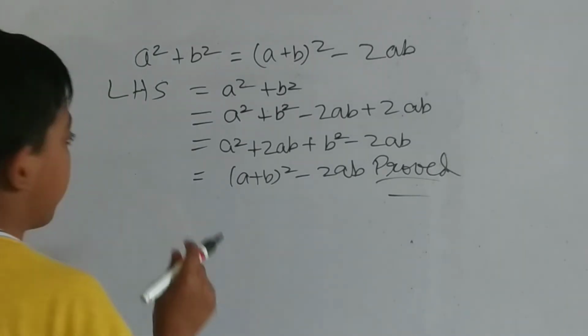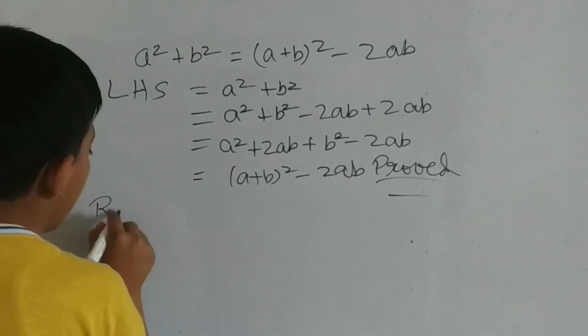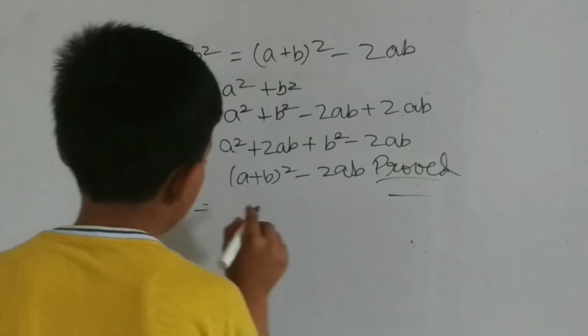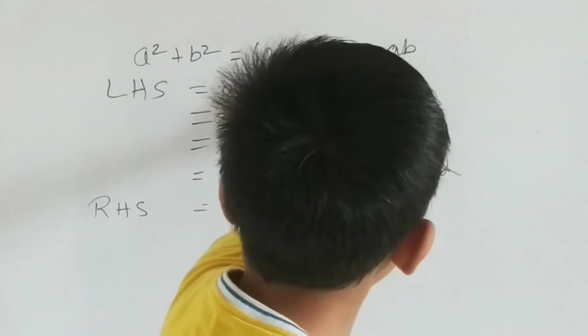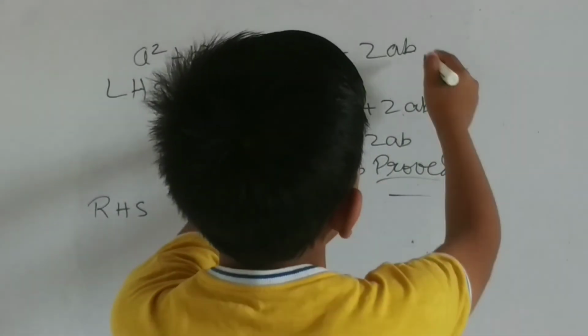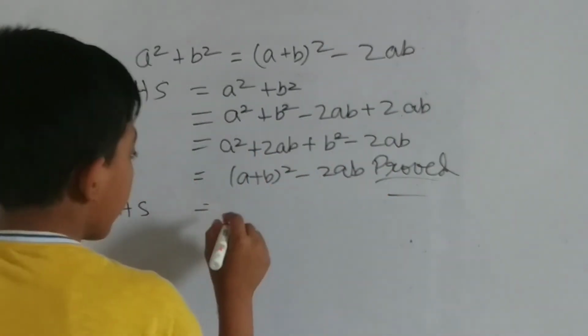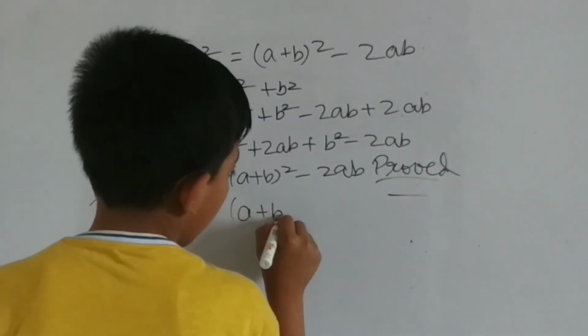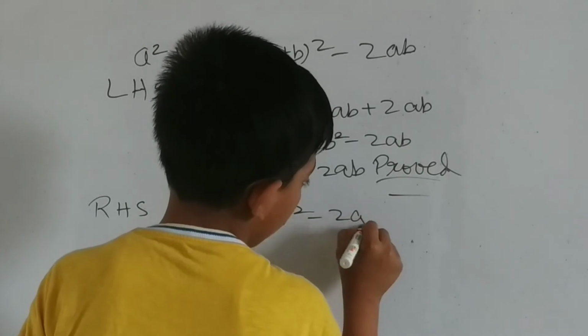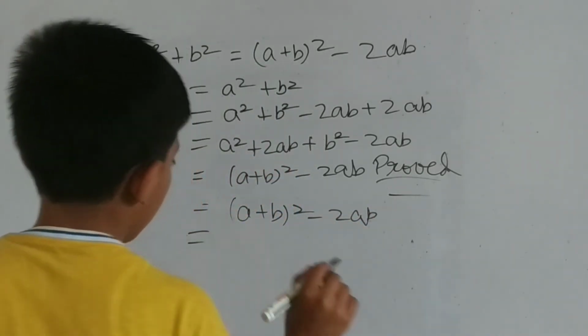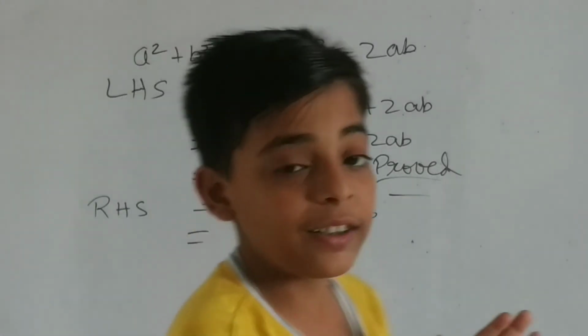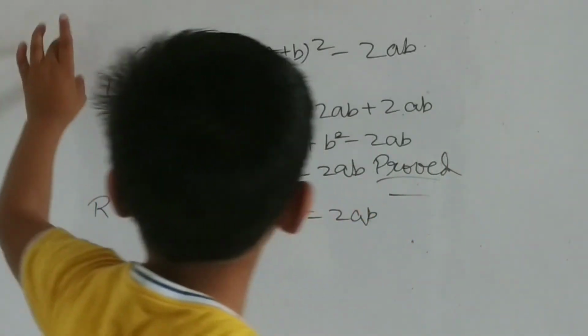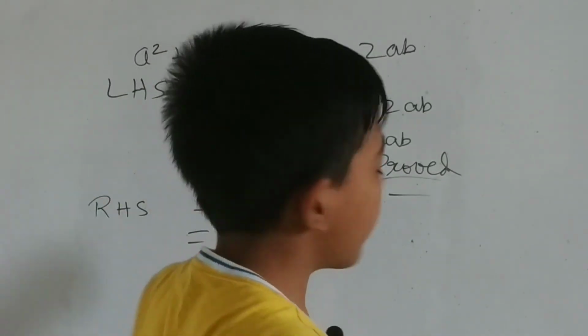Now we are going to prove by taking the RHS. And what is the RHS? The RHS is (a plus b) whole square minus 2ab. Now we will directly factorize it and then we will get the result as a square plus b square, and that we have to prove.